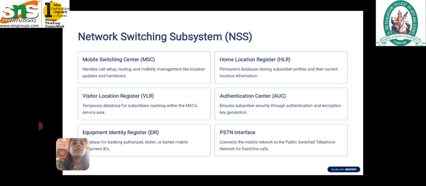The authentication center ensures subscriber security through authentication and subscription key generation. PSTN interface is nothing but the connection between the mobile network and the public switched telephone networks, between the fixed line calls and the wireless connections.